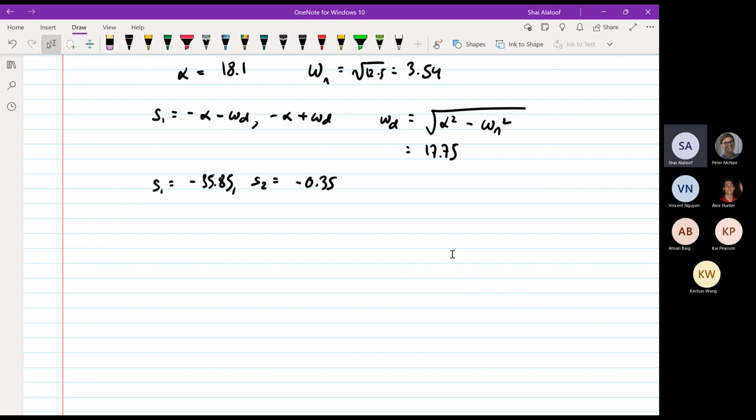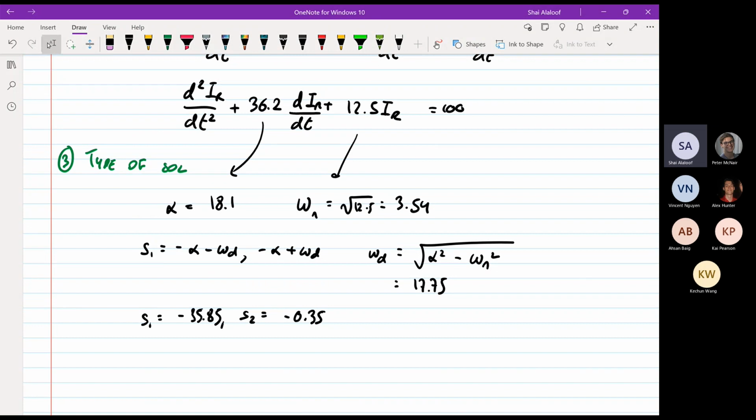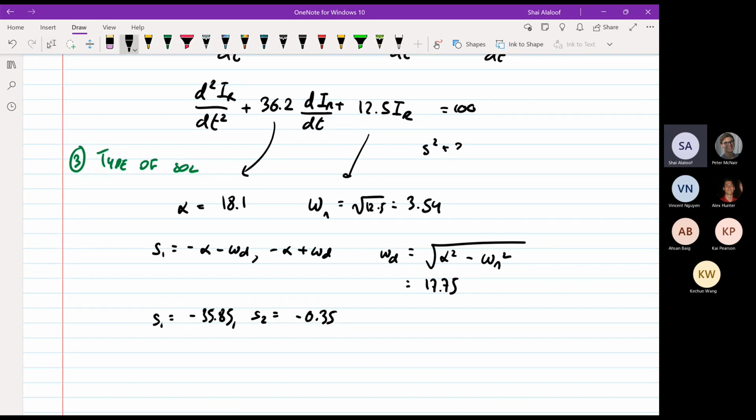Just confirming we'd get the same answers for S1, S2 if we use the quadratic formula, right? Yeah, that should be fine. So really you can solve the quadratic formula. You can write it all as s squared plus 36.2s plus 12.5 equals 0, and that will be right.